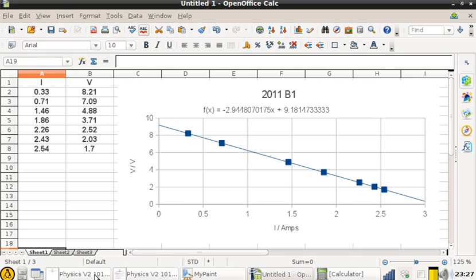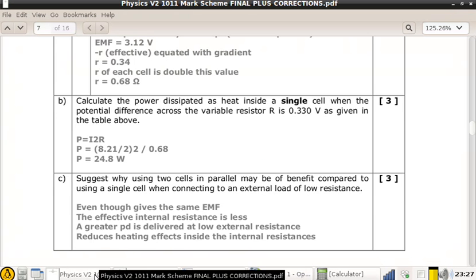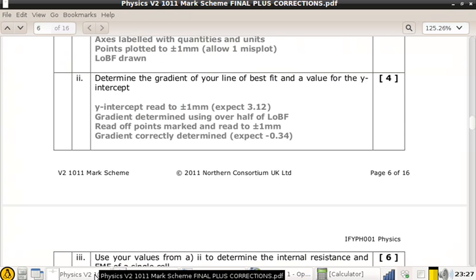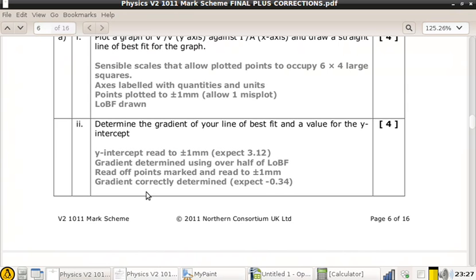The problem is, in the marking scheme, we are told that the answer for the gradient for the slope is minus 0.34, which doesn't match up. But I remember getting minus 0.34 in class earlier today, and that's because I made the same mistake in Excel as whoever wrote this marking scheme did as well.